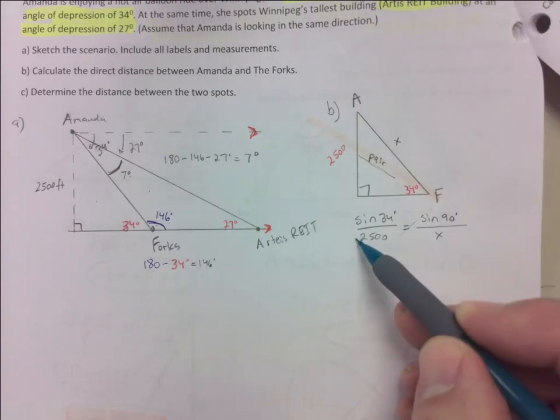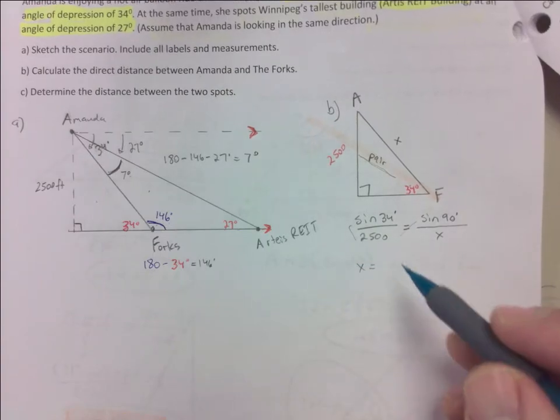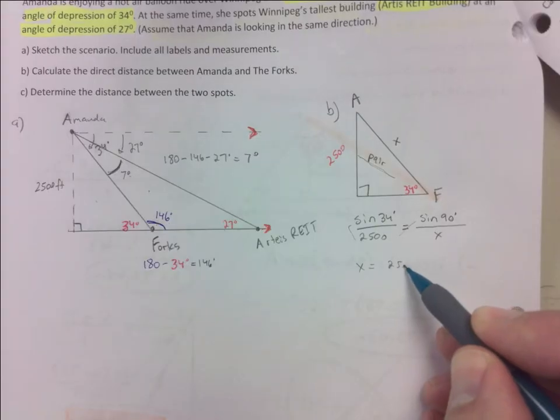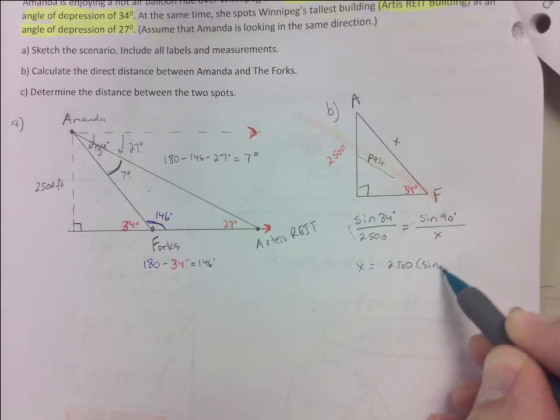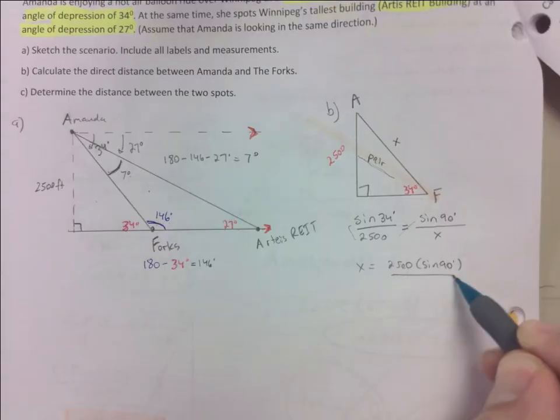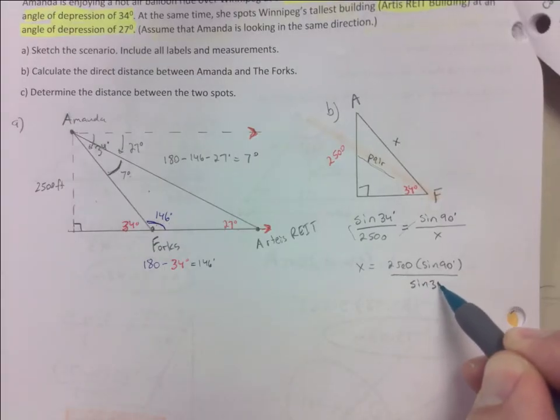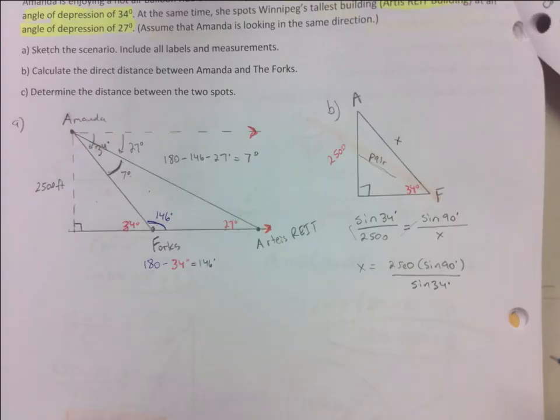So cross multiply and divide, right? So that's 2500 times sine of 90, which we know is 1, divided by sine of 34. SOHCAHTOA would work here, because it's a right triangle. Absolutely fine. I would just caution, don't use it if it's not a right triangle.